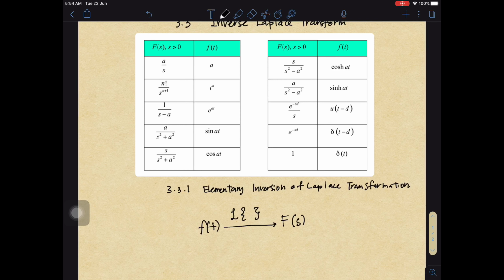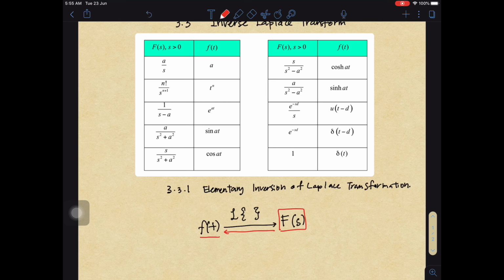Every time you do the Laplace transformation, it is always a function in terms of s, whatever variable you have in your function. Now we want to see how, from the function F in terms of s, we get back our original function f(t).